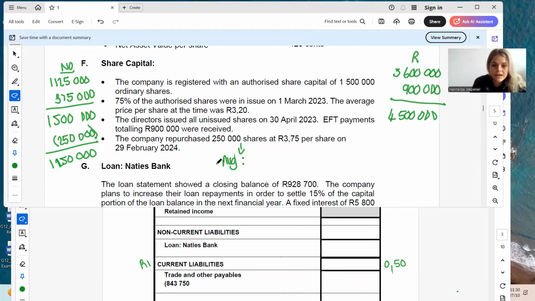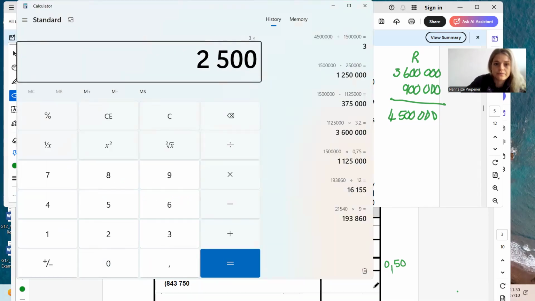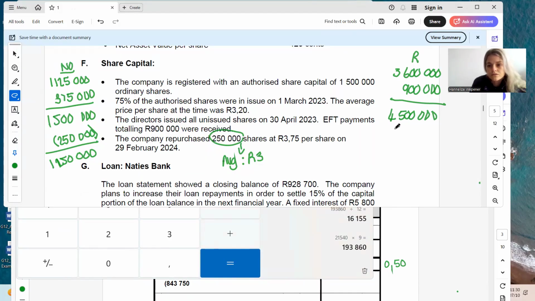And that is 3 rand per share. So when you now remove the 250,000 shares from your ordinary share capital, you can only do so at 3 rand per share. That is 750,000. So you no longer have the 750,000.